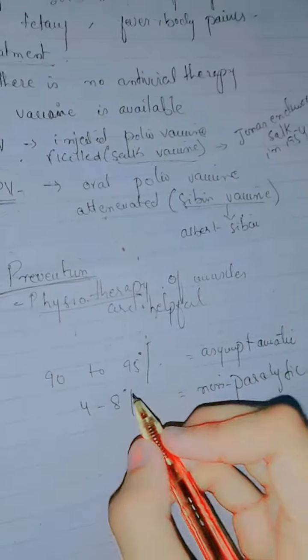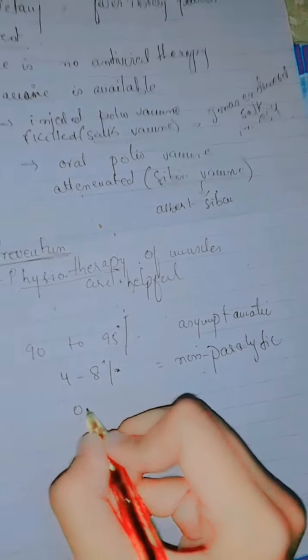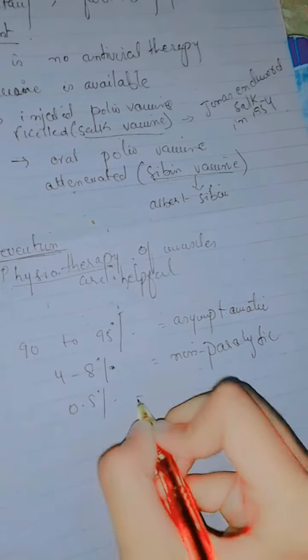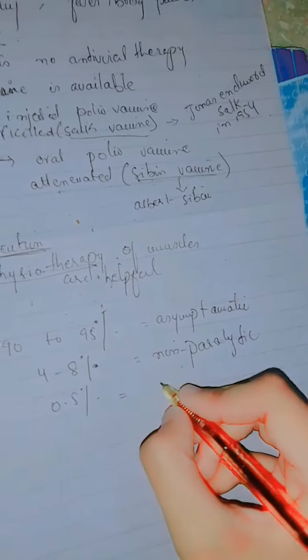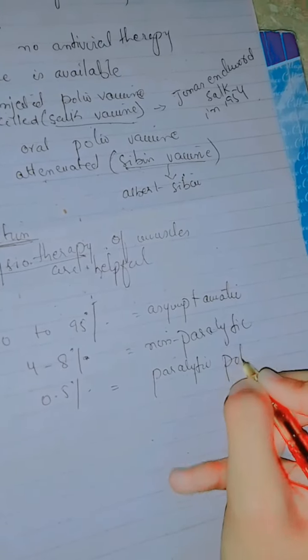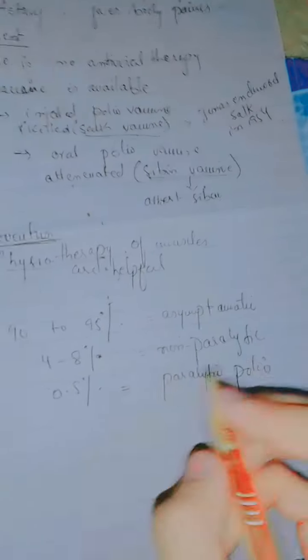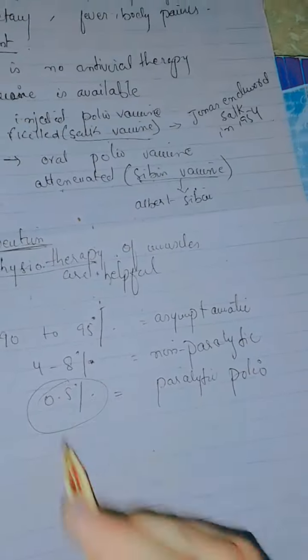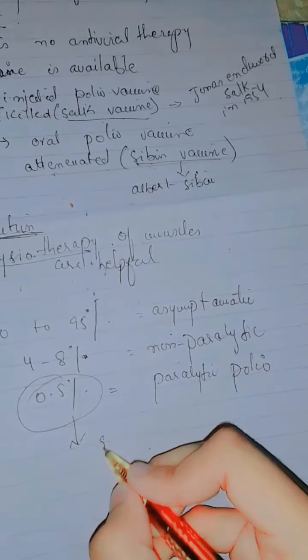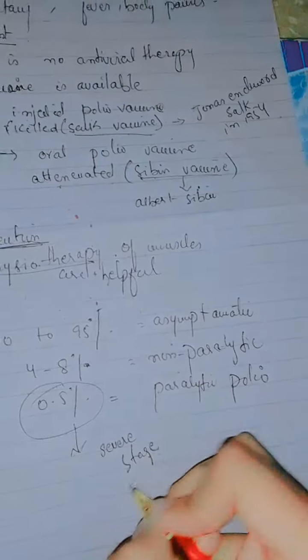So 4 to 8% is the ratio in which the person does not get paralyzed, and 0.5% is the ratio in which it is paralytic polio, meaning the person will get paralyzed, and this is the most severe stage of the polio disease.